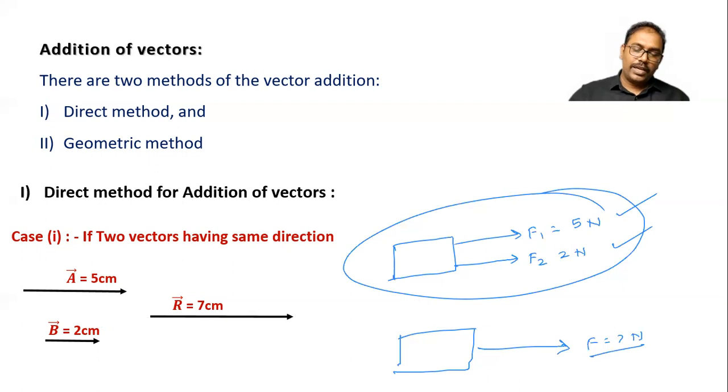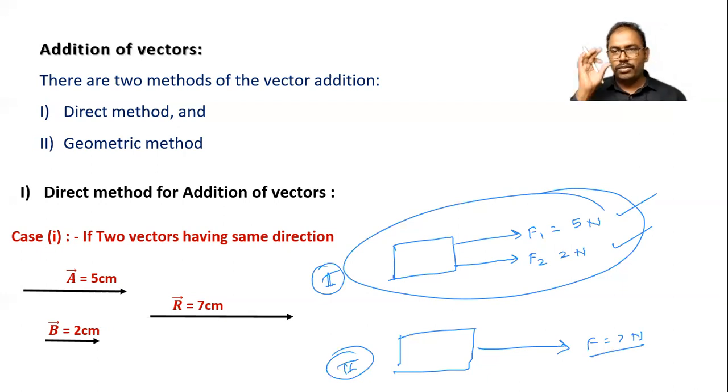So this is case 1 and this is case 2, both are similar. This is the way of adding vectors if they have the same direction. I hope you understood this.